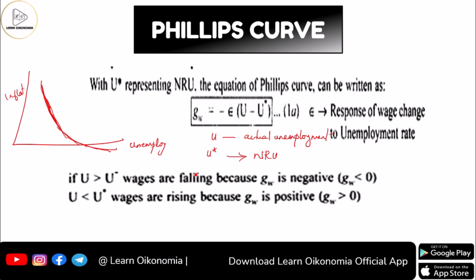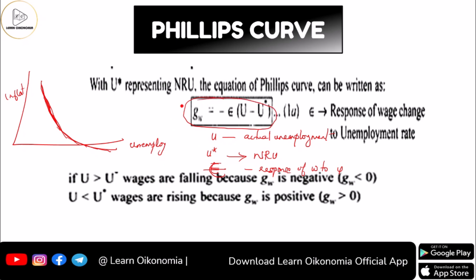And in this scenario, there is something called epsilon. And this epsilon shows the response of wage to unemployment.